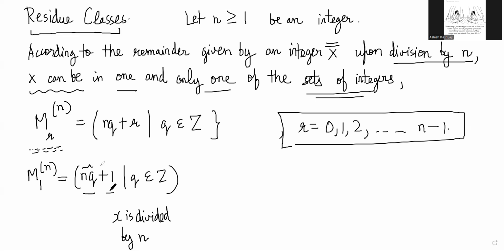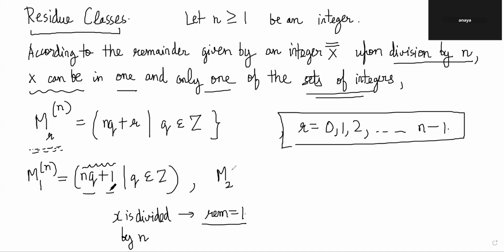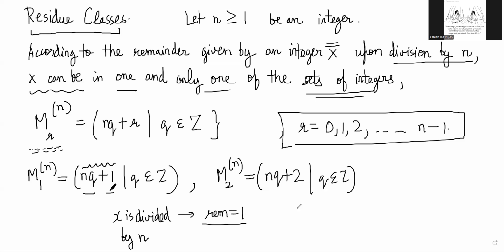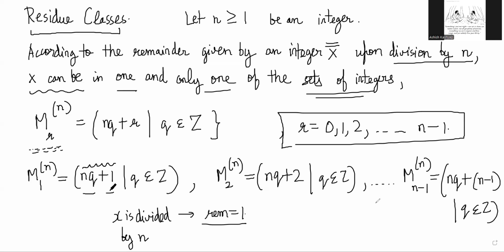Since x is of the form nq plus 1, it will leave remainder 1. Or M_2^(n) could be numbers of the form nq plus 2, where q is an integer. And so on till M_(n-1)^(n), where it is of the form nq plus n minus 1, where q belongs to the integers.